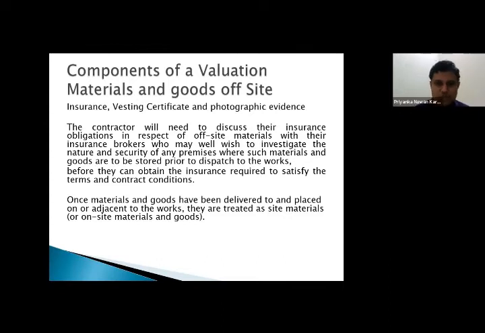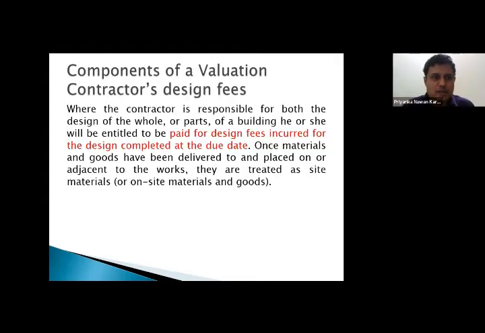Once materials and goods have been delivered to and placed on or adjacent to the works, they are treated as site materials or on-site materials. It is like you are transitioning from one place to another.